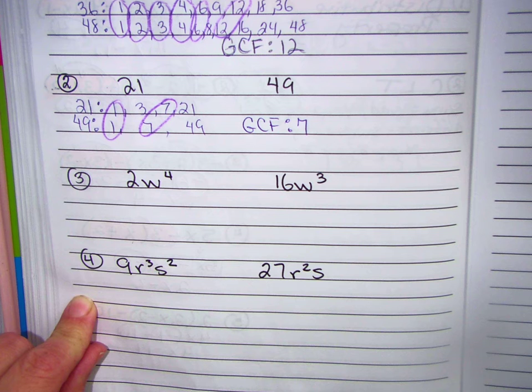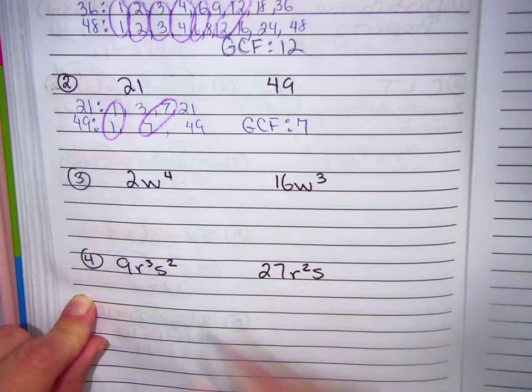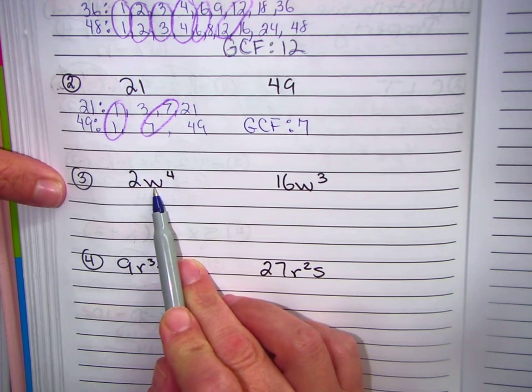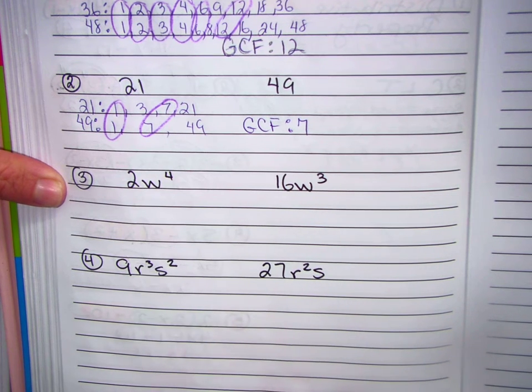So you take the 2W and you multiply it 2 times 2 times 2 times 2, and then 16 and W. Now, because the exponent is on the W, and I'm trying to find factors, I'm not trying to actually solve for something.